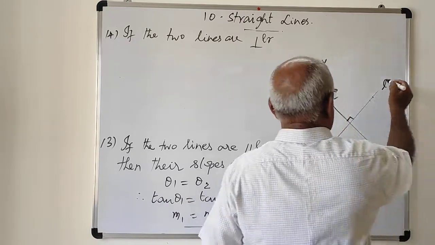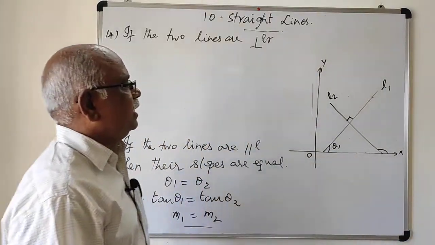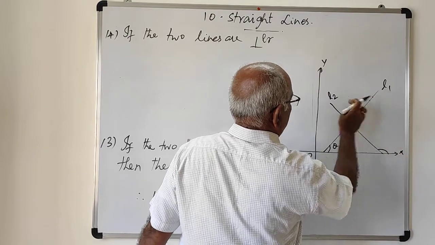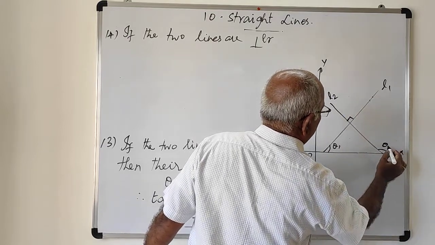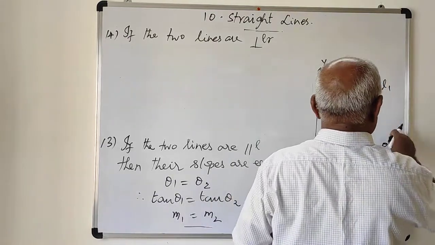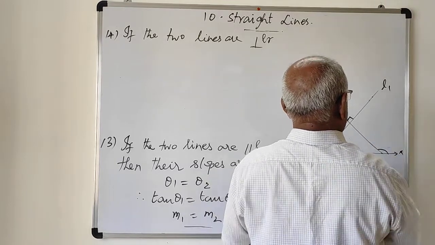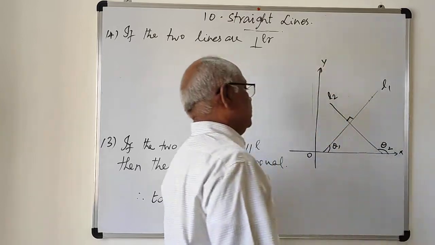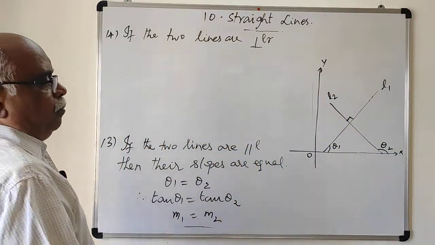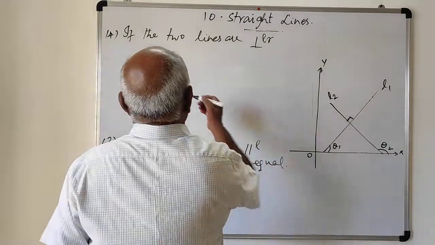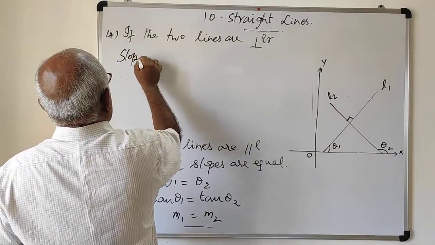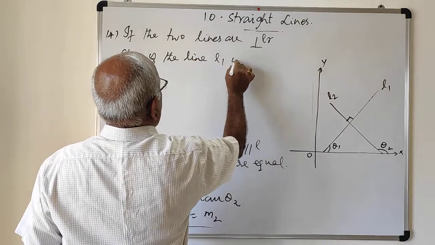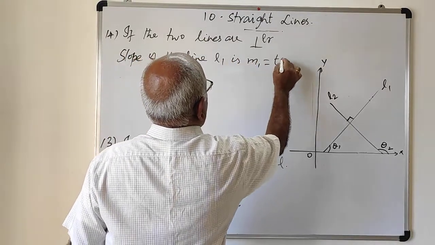L1 makes an angle theta 1 in the positive direction of the x-axis, and L2 is the line perpendicular to L1, making an angle theta 2 in the positive direction of the x-axis. So the slope of the line L1 is M1, that is tan theta 1.